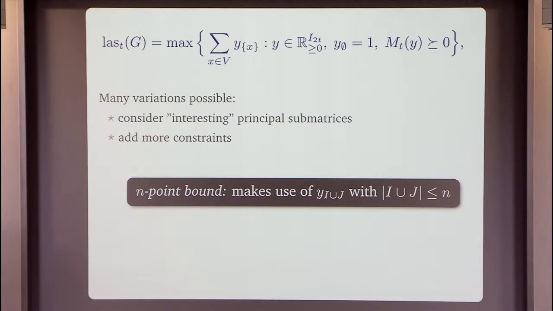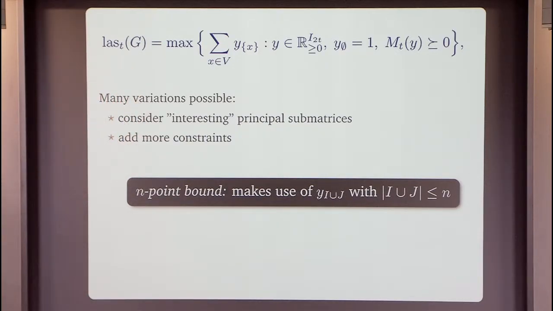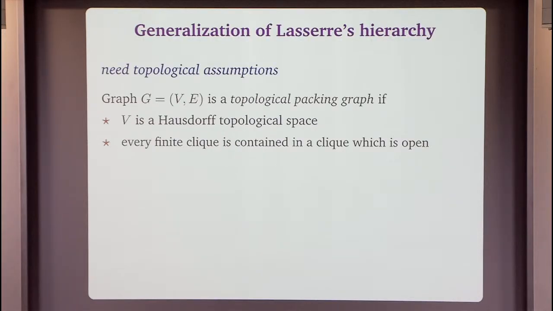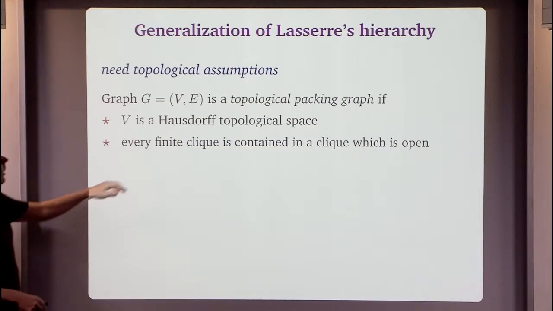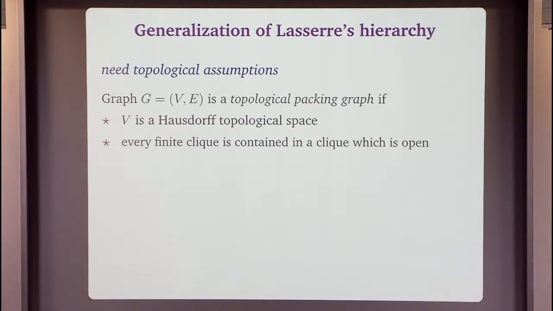Okay, and now I want to generalize these bounds to infinite graphs. So we need some topological assumptions. The topological assumption I want to use is that there will be some topology on the vertex set. Look at the Cayley graphs.